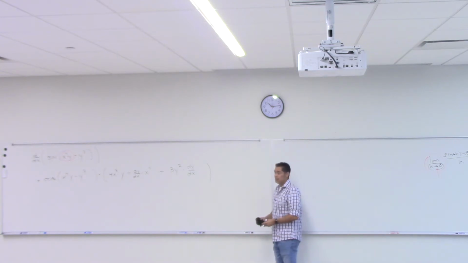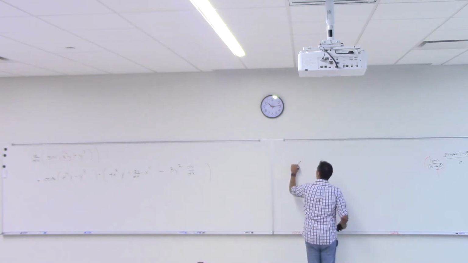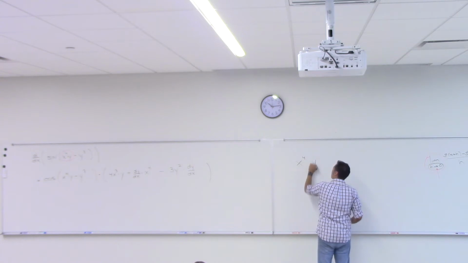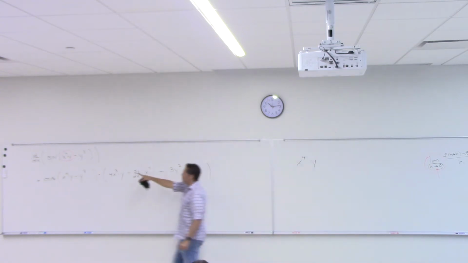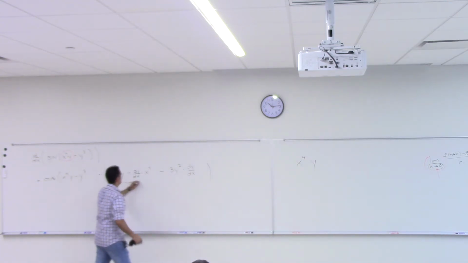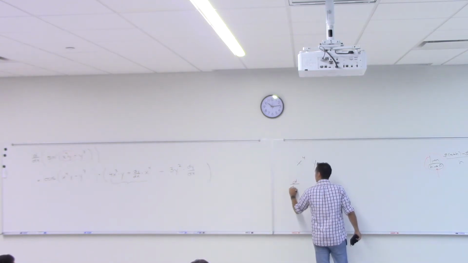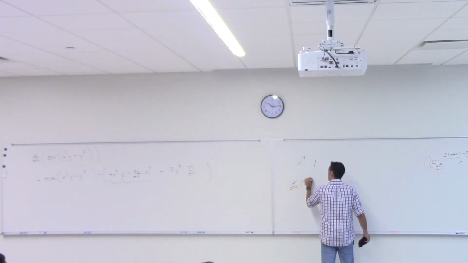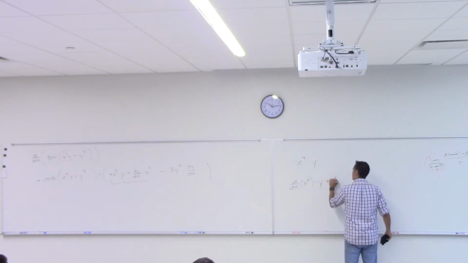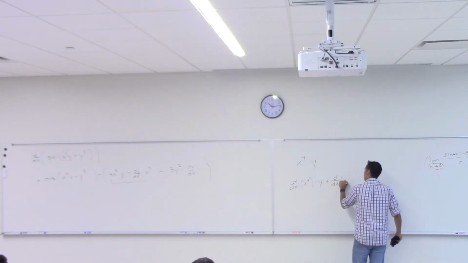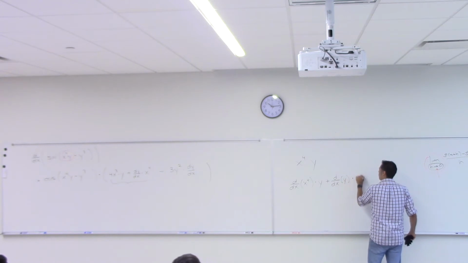Yeah? I'm just going to show it over here. When I took that derivative over here, when I did that product rule and got this, what I did was this. I said I need to take the derivative with respect to x of the first one times the second one plus the derivative with respect to x of the second one times the first one.